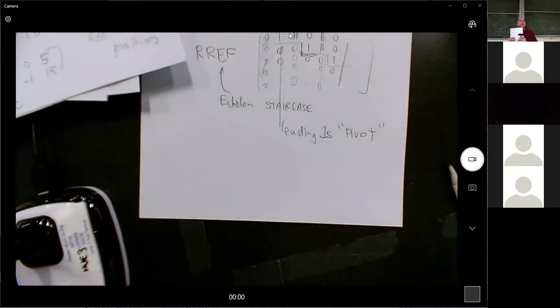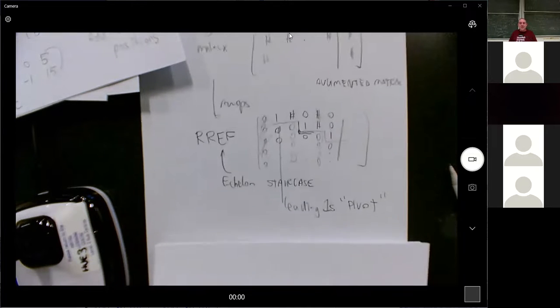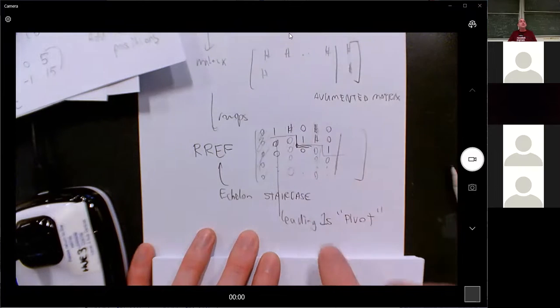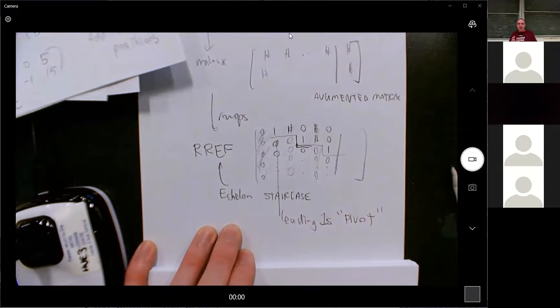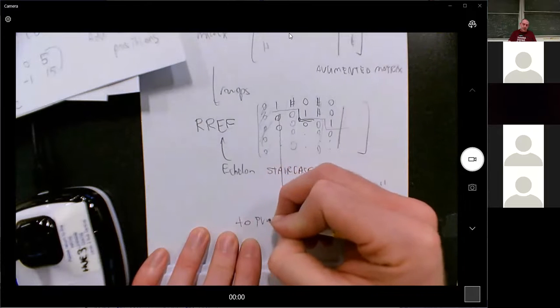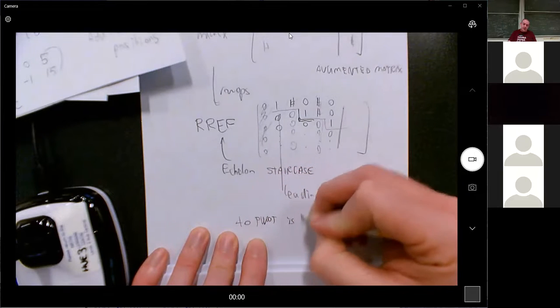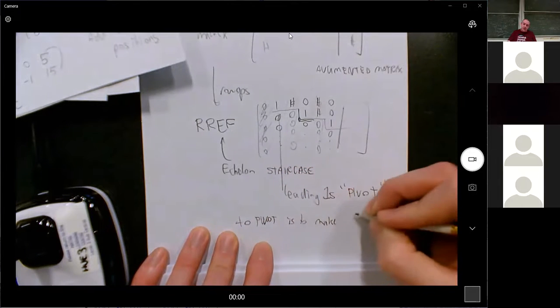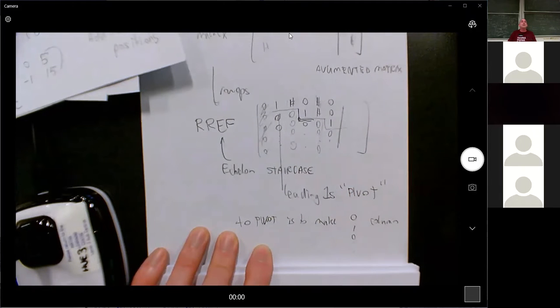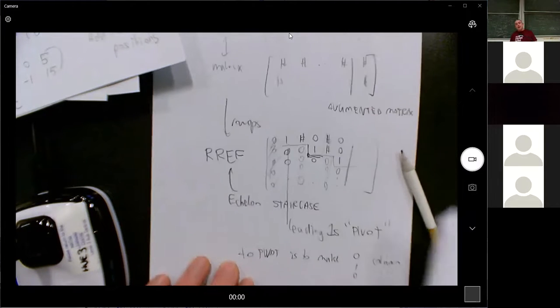Pivot is also a verb. The action of pivoting is producing one of these ones and the zeros above and below it. That is what the action of pivoting is. So to pivot is to make one of these columns.